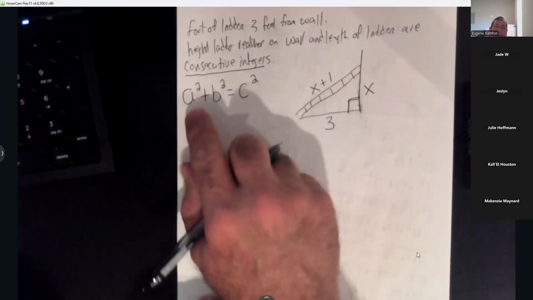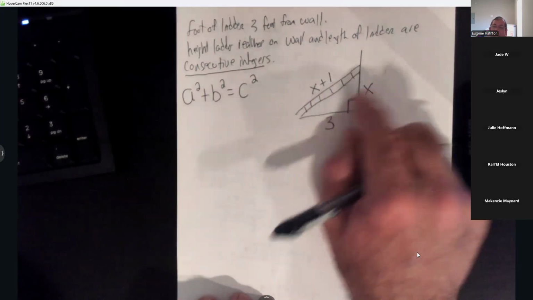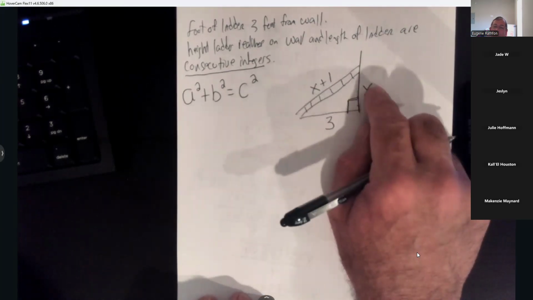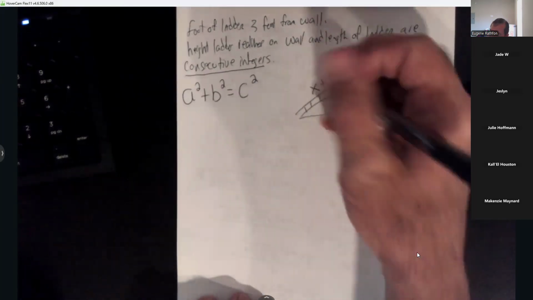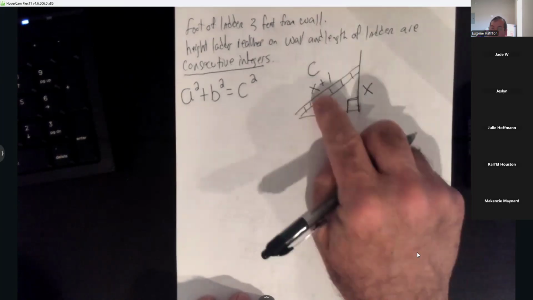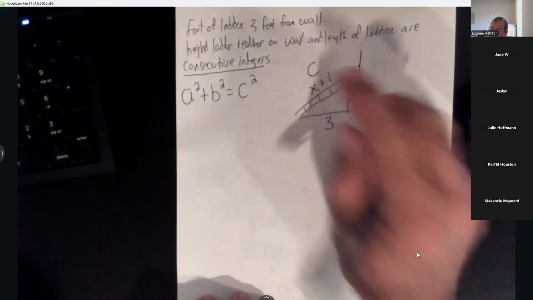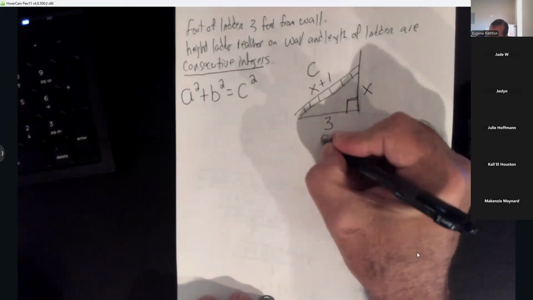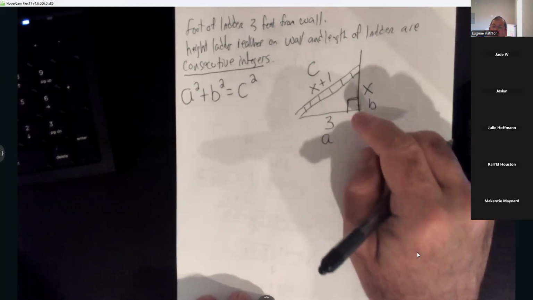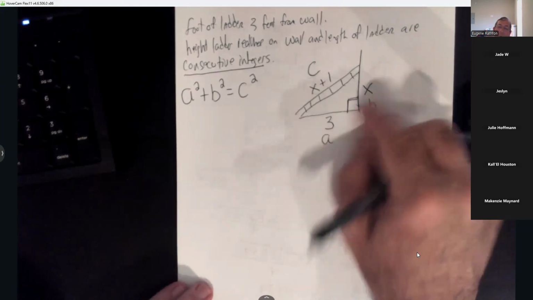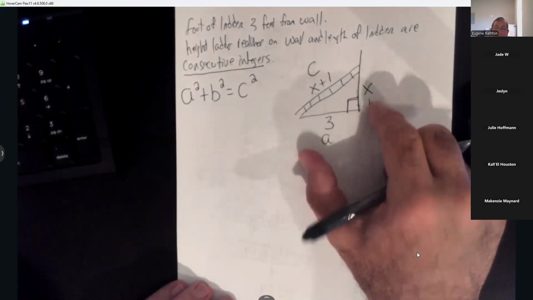Now remember, I don't care which of these two sides is a and b, but what I do care is that this longest side is my hypotenuse, and that makes it my c. I'll just call this one a and that one b, but it doesn't matter which one's which, okay?